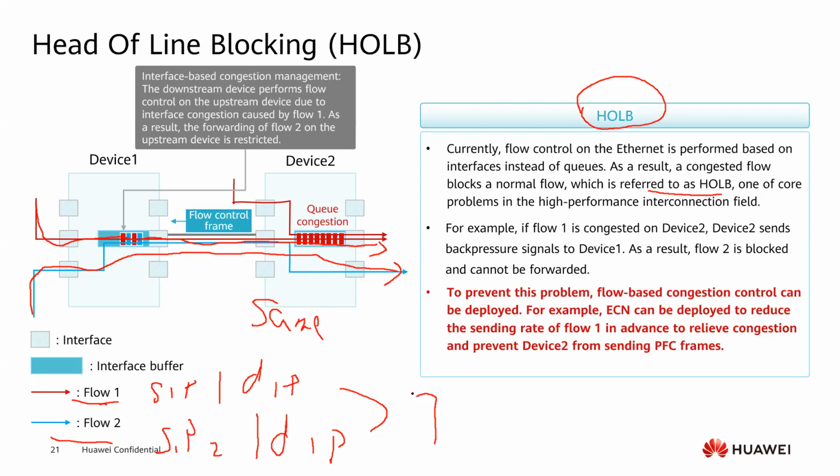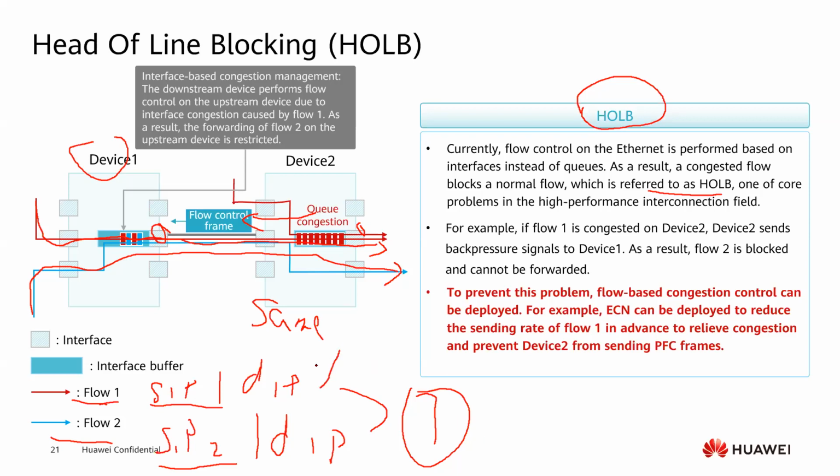They are different flows because they have different source IP addresses and different destination addresses. But when the congestion is generated on device 2, it will send PFC to the upstream device, and device 1 will receive the PFC frame from the interface, because it just considers the priority in layer 2.